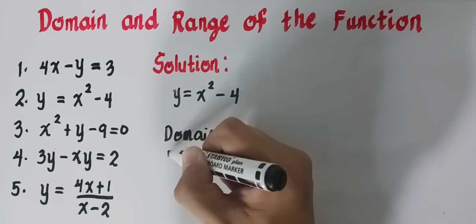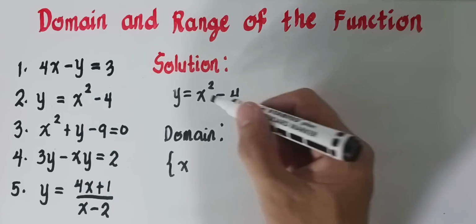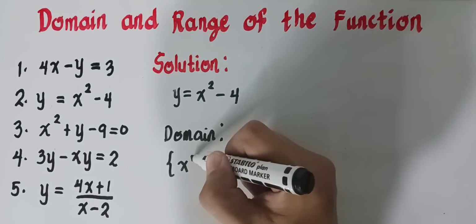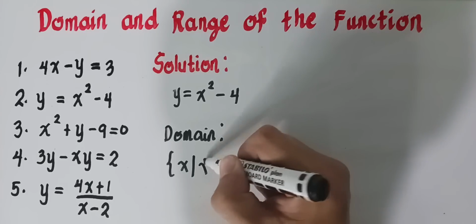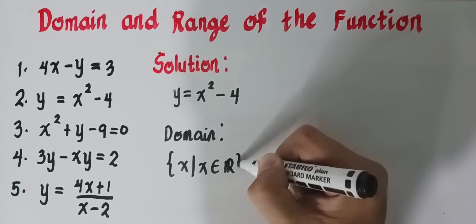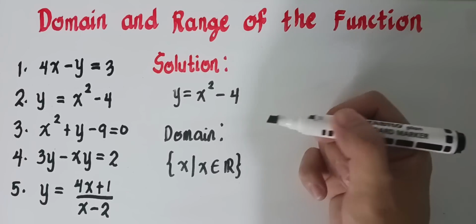Ang domain nito, guys, ay since wala naman restriction, so, pwedeng maging kahit anong value ni x ay pwede. So, x such that x is an element of all real numbers. Or in words, pwede naman all real numbers since we don't have restrictions here.